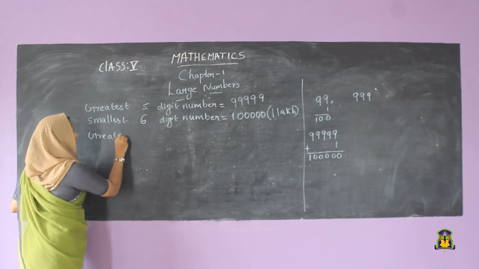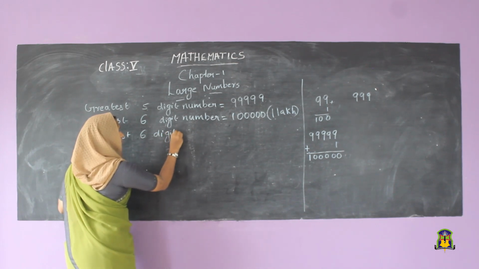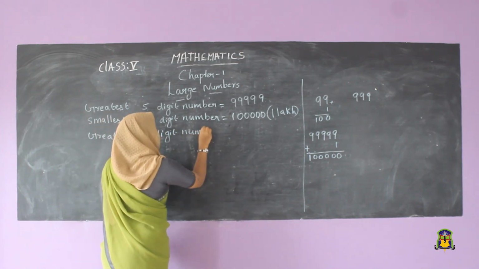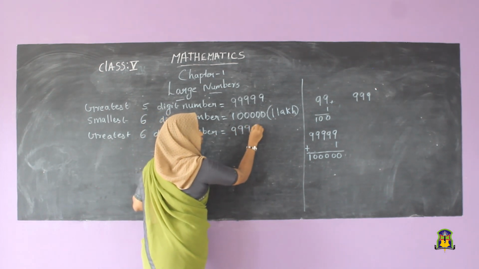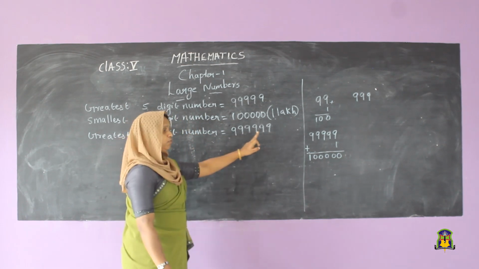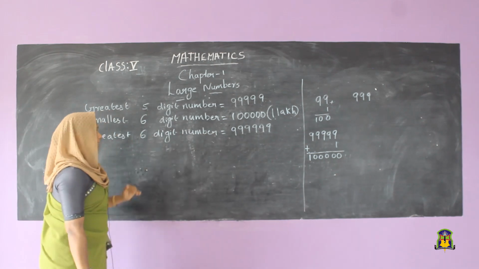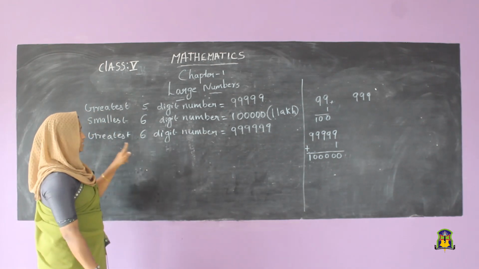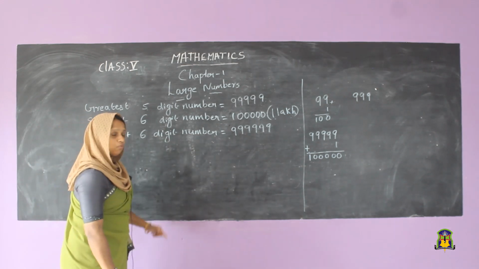Next, the greatest 6-digit number. That means six 9s will be there. Now we want to get the next number, the smallest 7-digit number. That means we add 1.